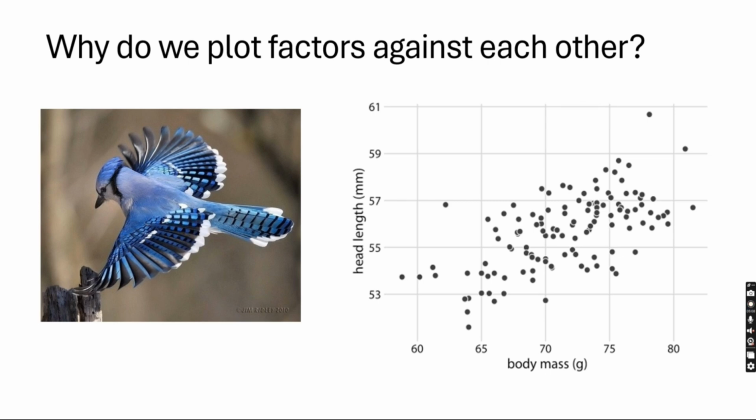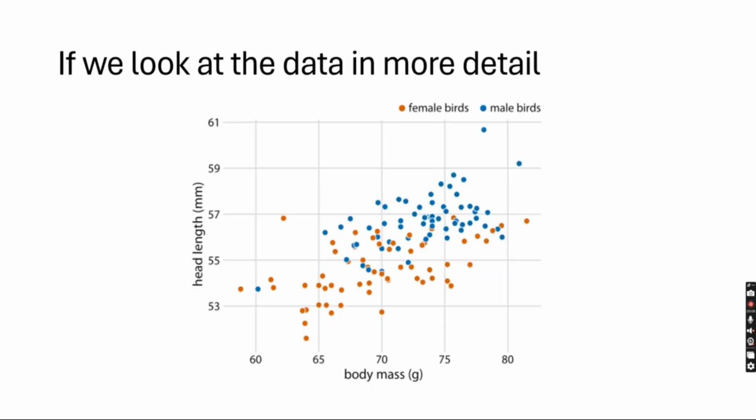But if we actually look further and consider a third point, we can see the data in more detail. So if we have the same data, but actually we've split them into the male birds and the female birds, this tells us something a little bit extra that we didn't see beforehand. We could see that the male birds tended to have higher body mass and a larger head length than the female birds.